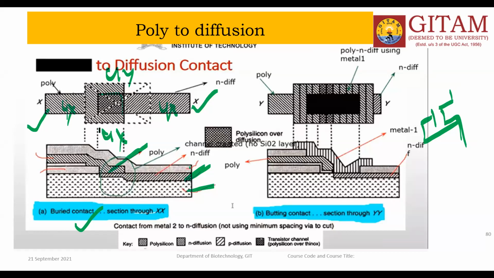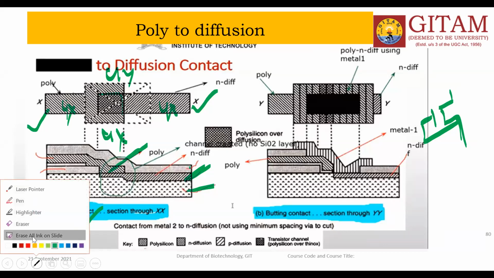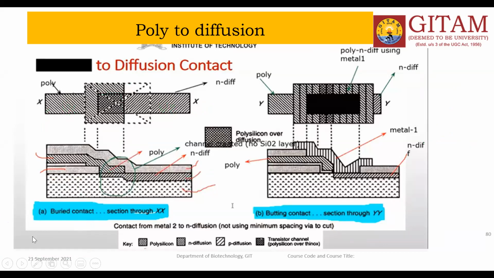Here, this portion is used to make the contact cuts, that is, the buried contacts. This portion is called the buried contact. This is the polysilicon and this is the diffusion.